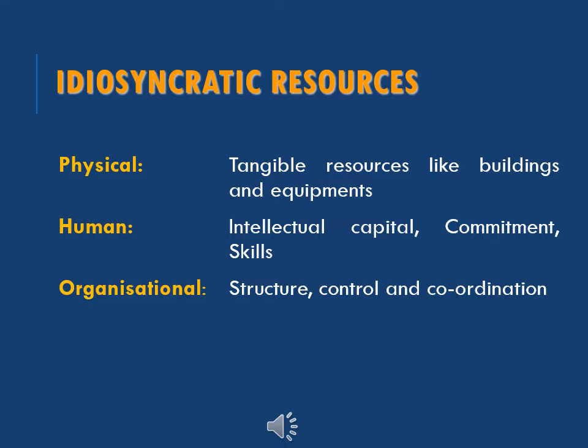Broadly speaking, we can divide resources into general physical resources, something tangible, something that you can feel and see, and something you can buy and sell. These are physical resources that firms own, for example buildings, equipment, property. If the organization owns the properties, they are tangible and physical resources.